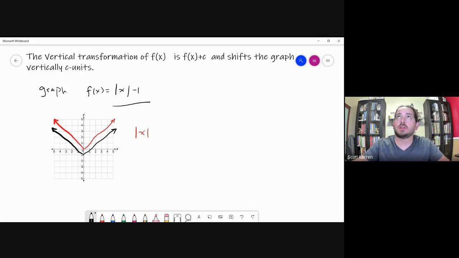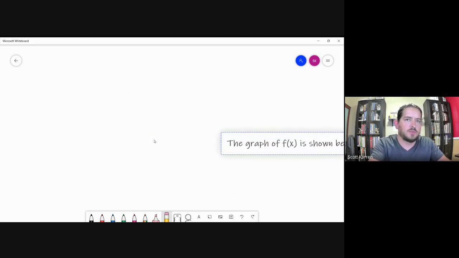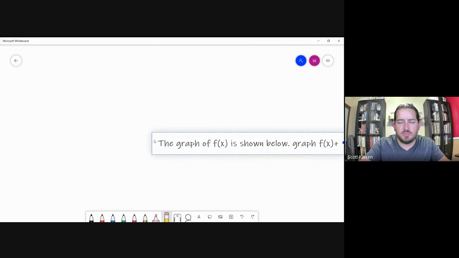That is a vertical transformation, right? So you can do this with a graph that you don't even know what the function is. So if I have, let me just clear this out, we might have something that says the graph of f of x is shown below. Graph f of x plus 3.